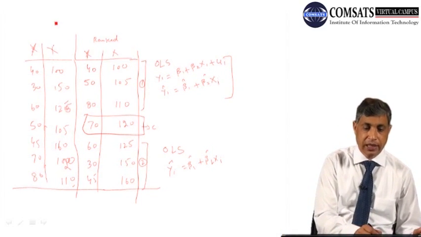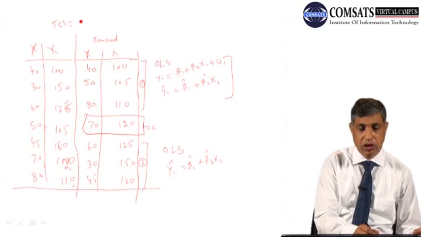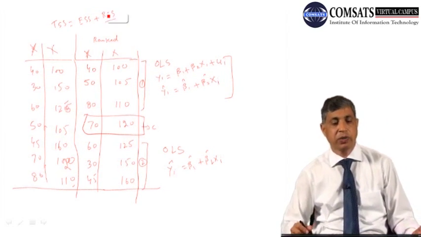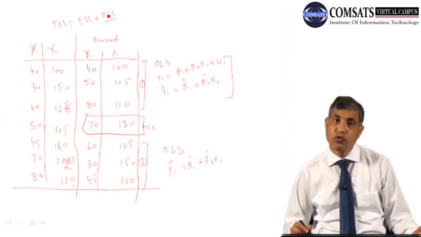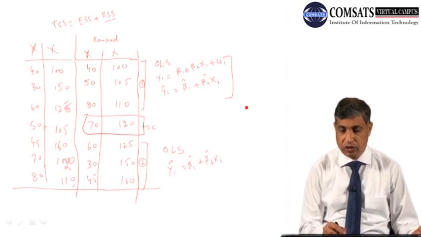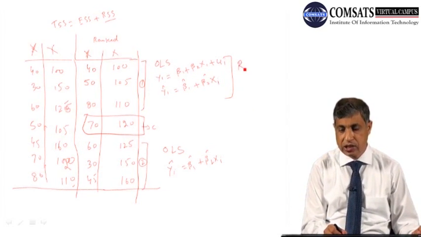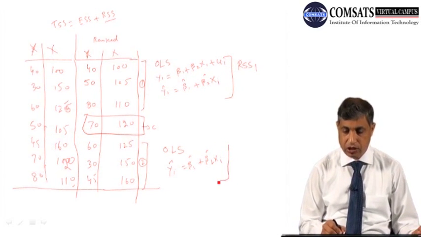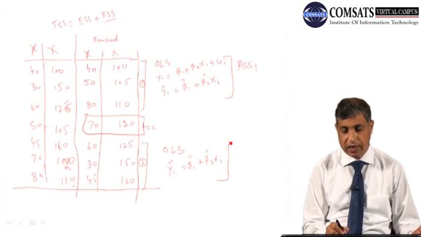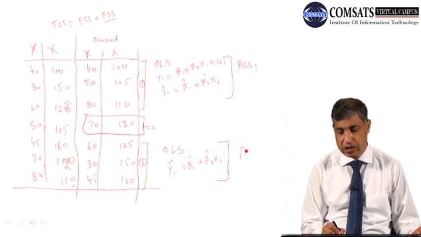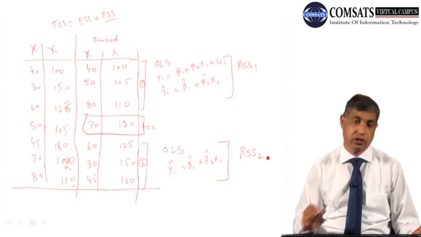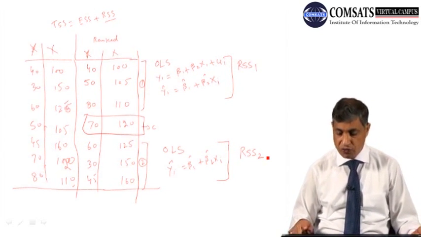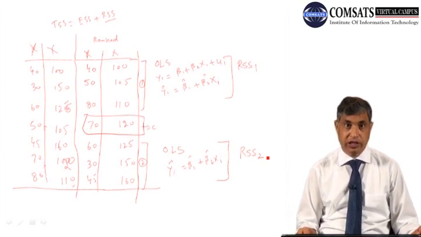If you remember, the total sum of squares is equal to the explained sum of squares plus the residual sum of squares, that is the unexplained proportion. So we will be getting one residual sum of squares. This is the residual sum of squares, we will call it 1. And from this, now the formulas are with you, you can get this, and this is the residual sum of squares 2. Now we have come up with 2 residual sums of squares.